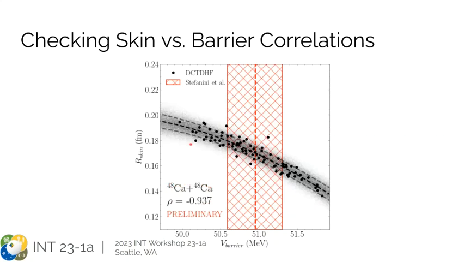And the black dots here are directly from the model simulations. And this red line hatched area is what was from the previous slide. So it does seem like there is a very strong correlation between the skin of calcium 48 and the barrier height that you see in heavy ion fusion.